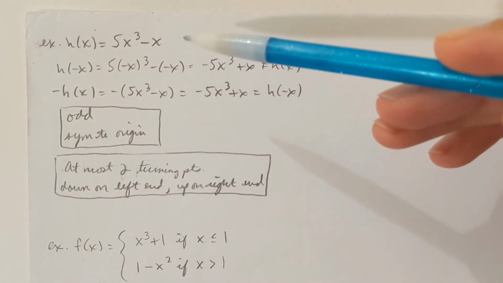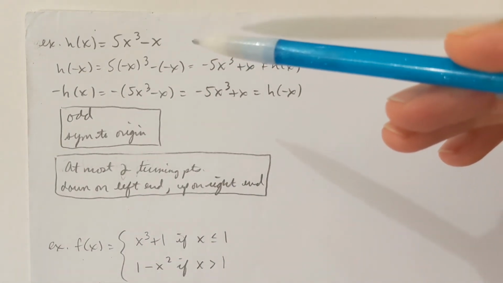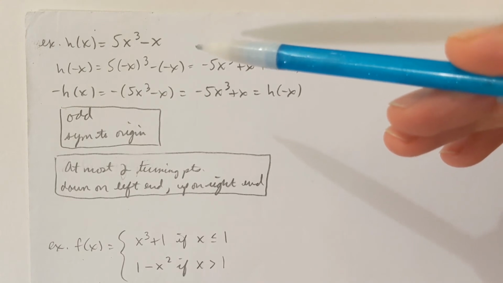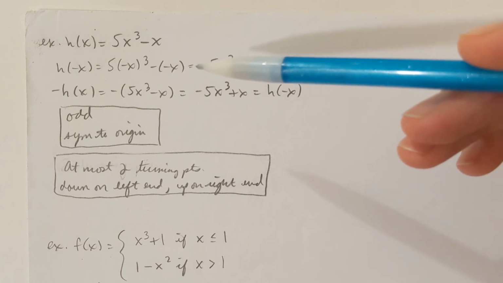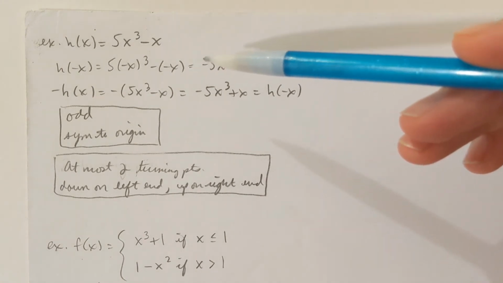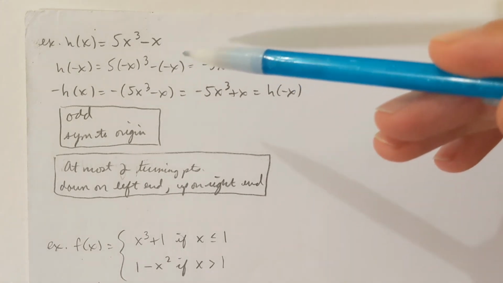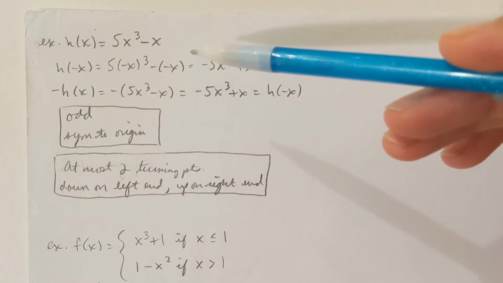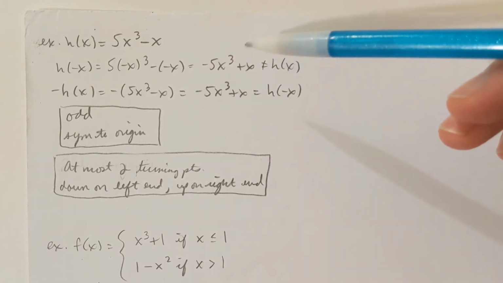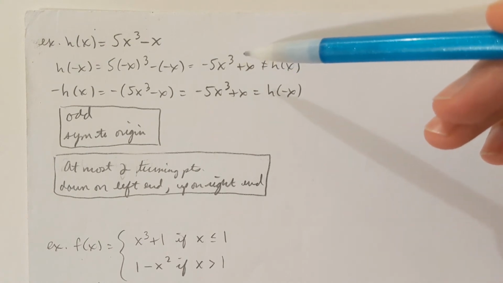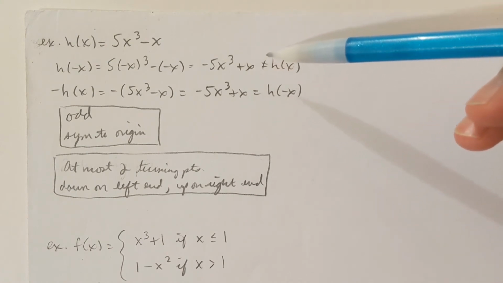The next example, h of x equals 5x cubed minus x. H of negative x is the same as 5 times negative x cubed minus negative x. Negative x cubed is the same as negative x cubed, and I'm subtracting negative x, so negative 5x cubed plus x.